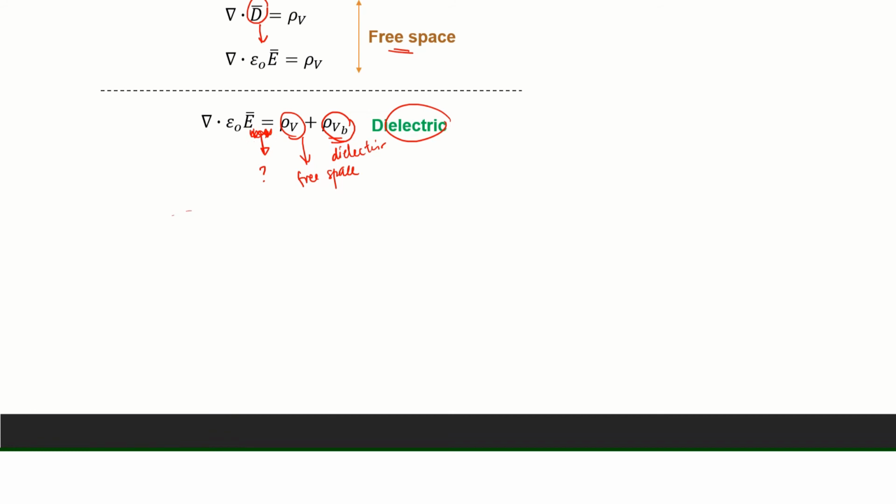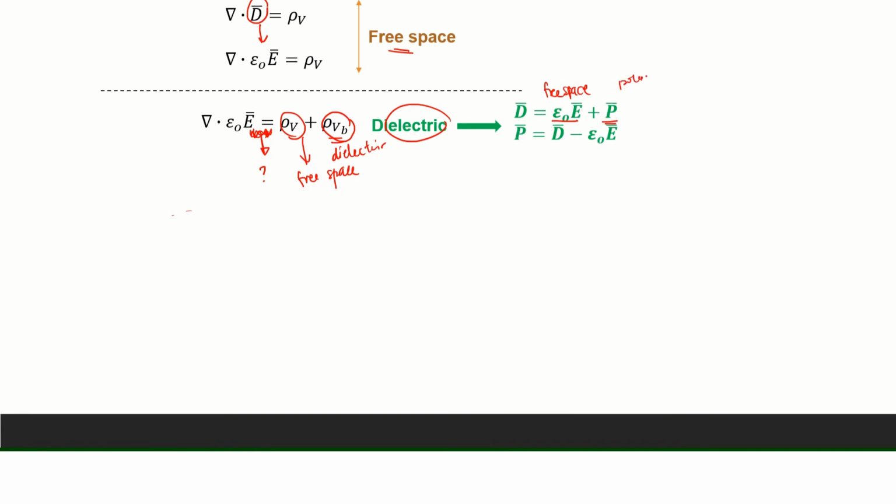We have learned before that D, the electric field density, equals epsilon naught times the electric field intensity. This is in free space. However, in a dielectric, an additional term is introduced, which is polarization.